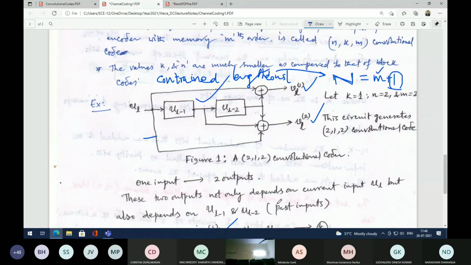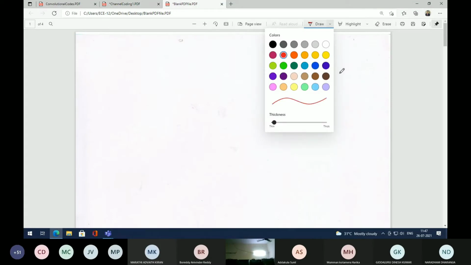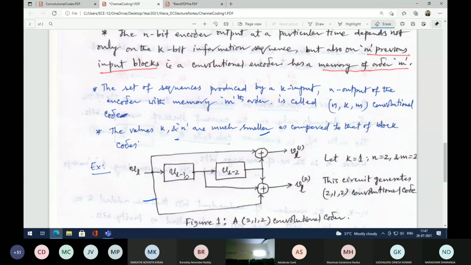Why is it called a convolutional code? Can somebody tell me why it is called a convolutional code? I'll prove that it is a convolution. Now, if you see the figure, what is it that you are getting?